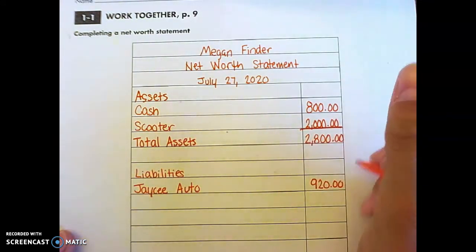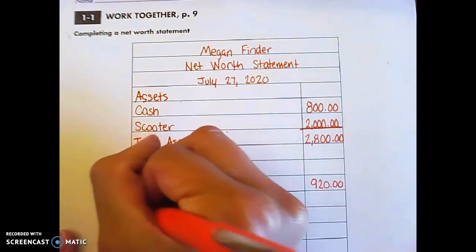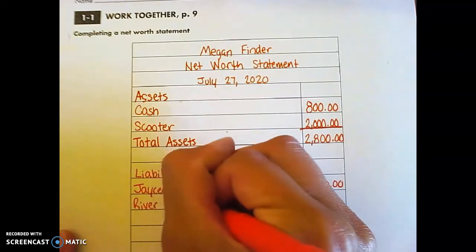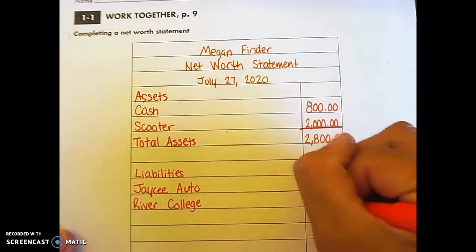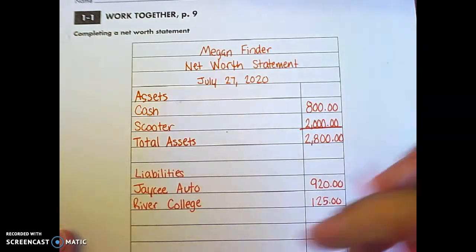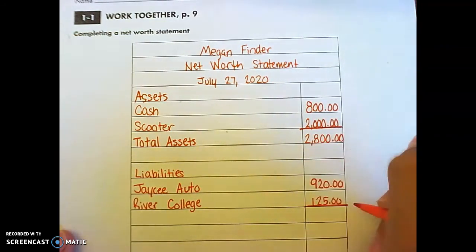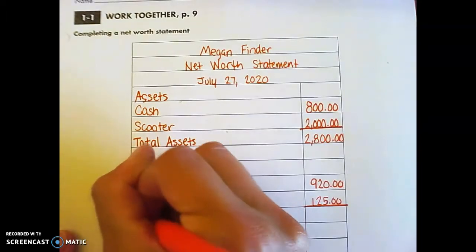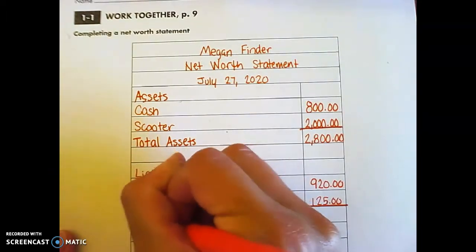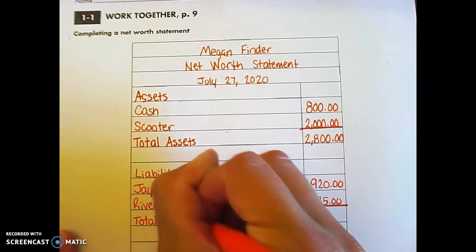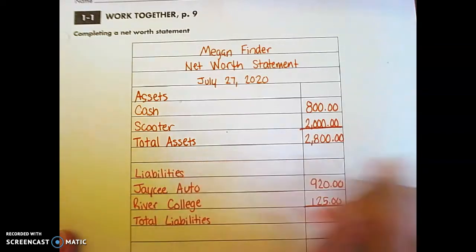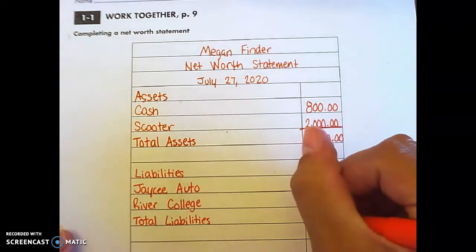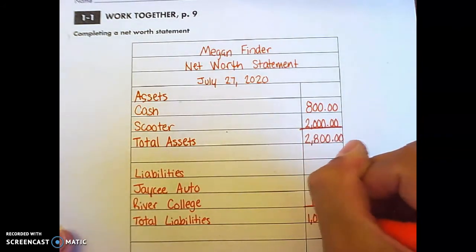And then she also owes money to River College. She owes them $125. So we will once again total our liabilities just like how we did our assets. We will write total liabilities. And if we add 920 plus 125, we will get $1,045.